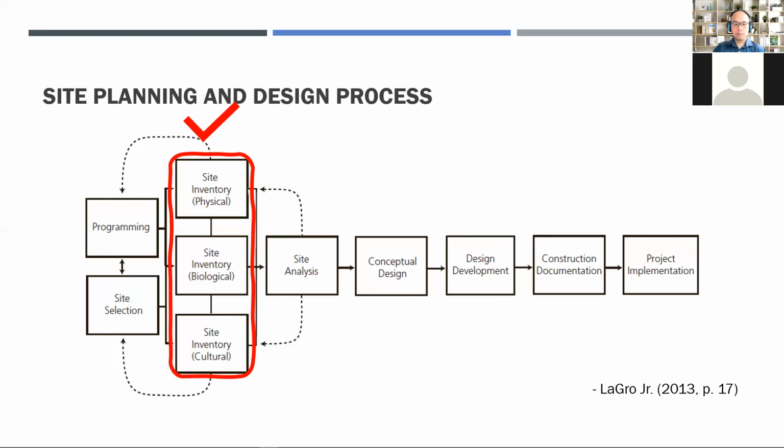One thing we need to keep in mind when we talk about the biological aspects of site inventory is that ecosystems have both biotic and abiotic components, and the ecological structure and function of landscapes are influenced by the complex interplay of biological, physical, and cultural systems. So, in essence, everything that you list in your site inventory more or less interacts with each other.